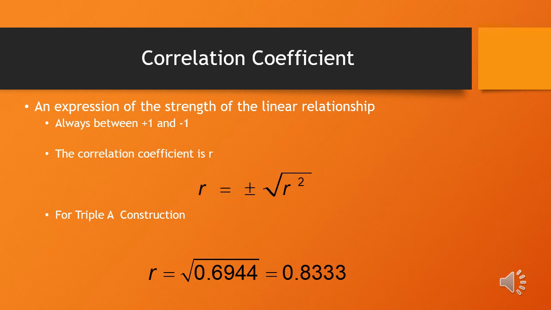The value of r is the square root of R squared. It is negative if the slope is negative, and it is positive if the slope is positive. So in our case, for the AAA construction example, R squared was 0.6944, so our correlation coefficient would be 0.8333. And we know it is positive because the slope is 1.25.